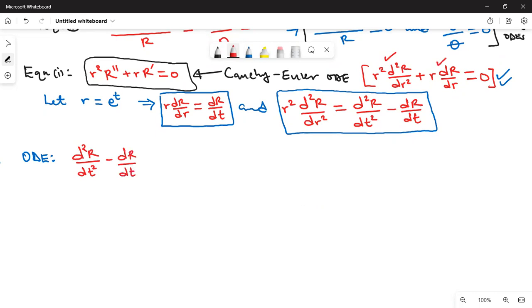What about the other derivative? It gave us again dR dt, so plus dR dt. And so that's what you have on the left. On the right, we have 0.